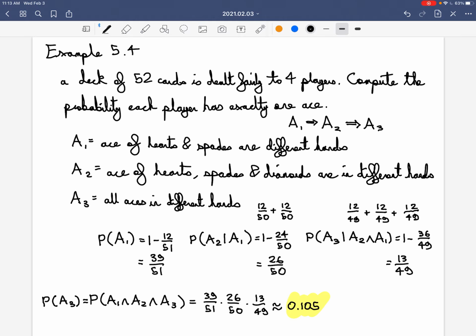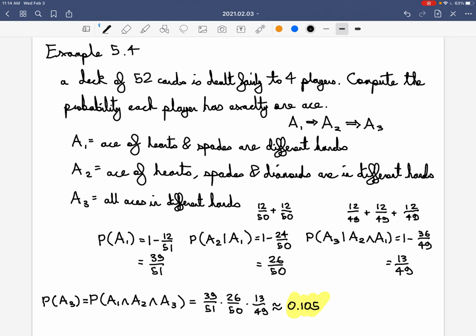Well, no matter what hand the ace of hearts is in, there's 12 other spots in the hand that contains the ace of hearts, and each one of them has a 1/51 probability of being filled with the ace of spades, because there's 51 other cards, and the ace of spades is one among the 51 that aren't the ace of hearts.